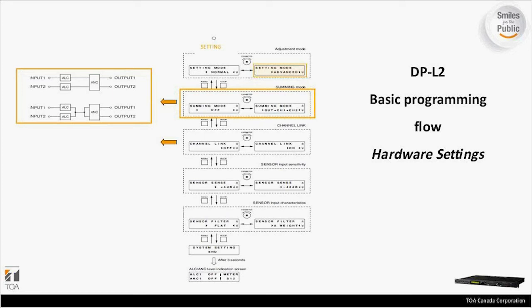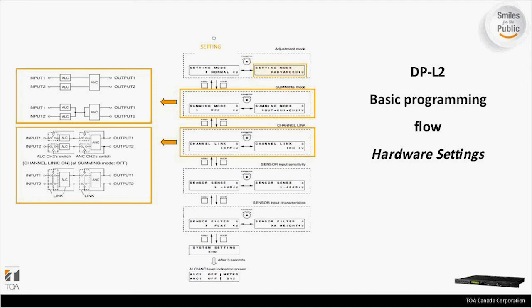You also see that on the next step there we have the summing mode, so you can actually sum the signal. We have the channel link, so you can link the channels together so that when one rises, the other rises, and when one decreases, the other decreases.